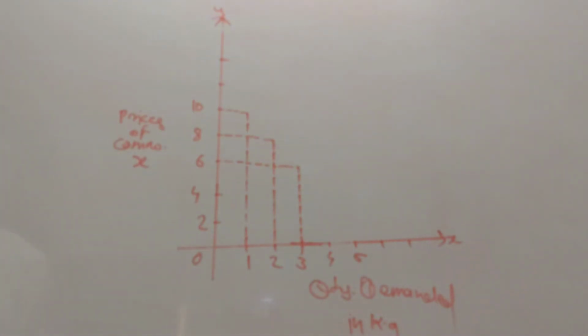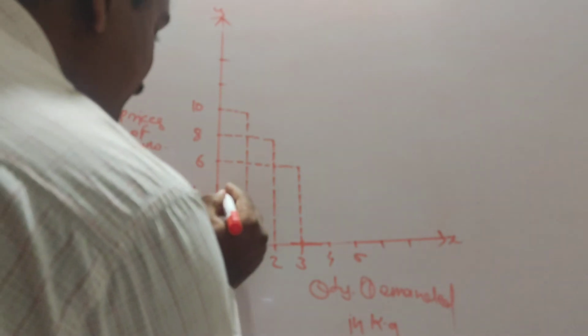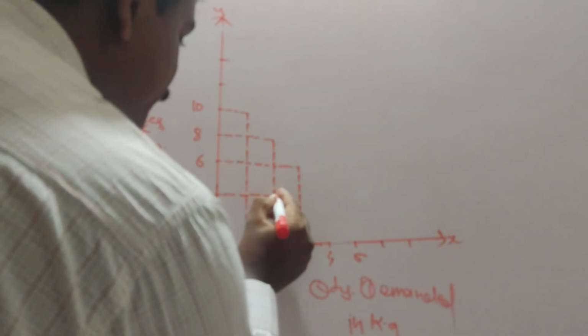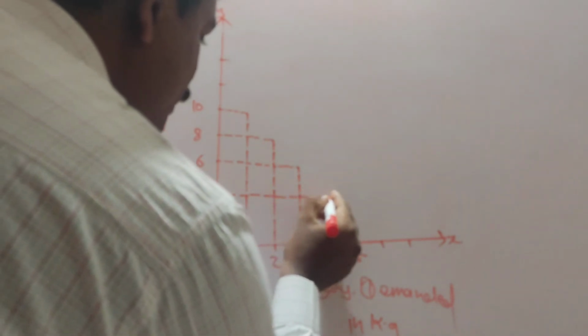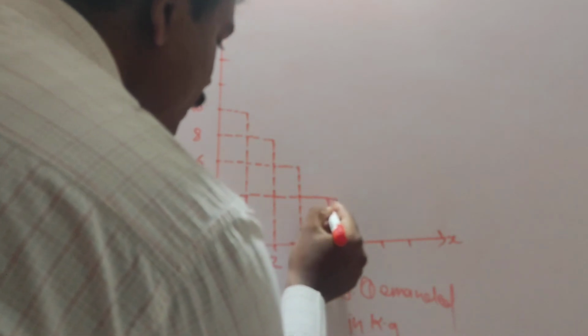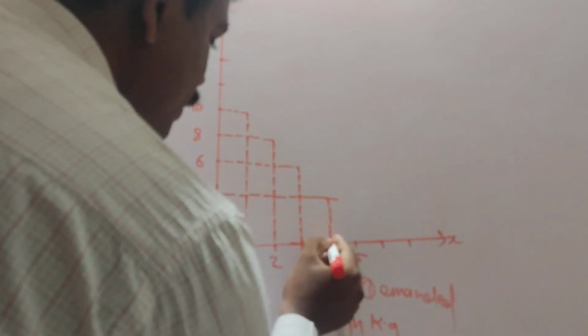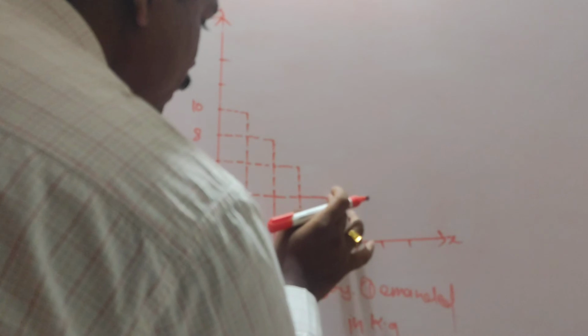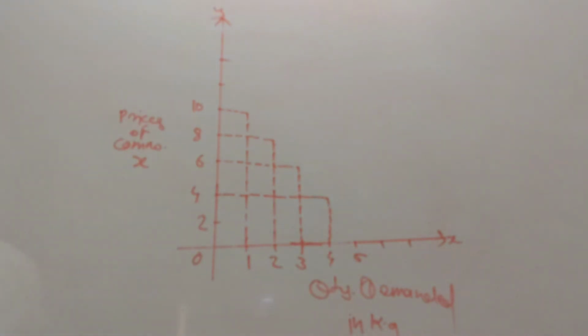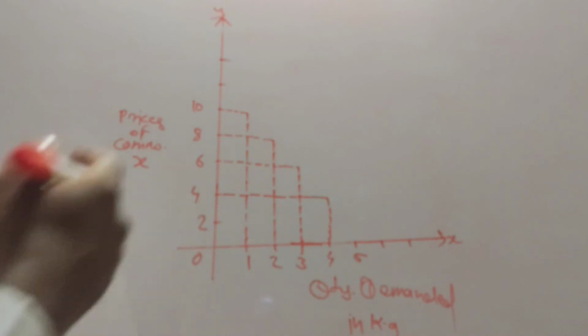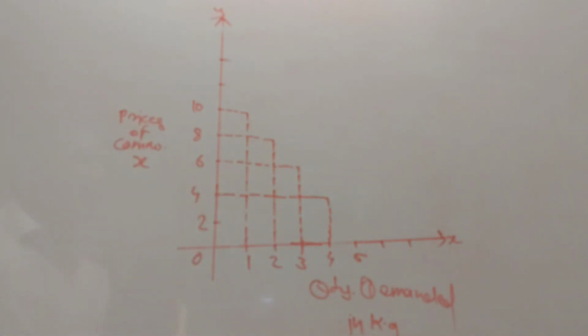When price is 4, quantity demanded is 4 kg. And at the lowest price, a larger quantity is demanded, that is 5 kg.